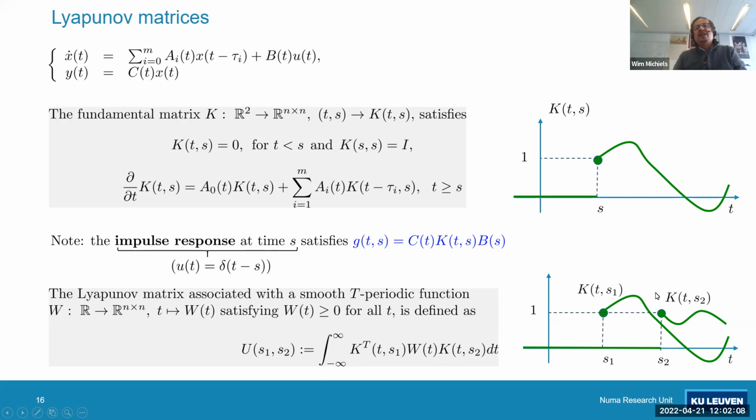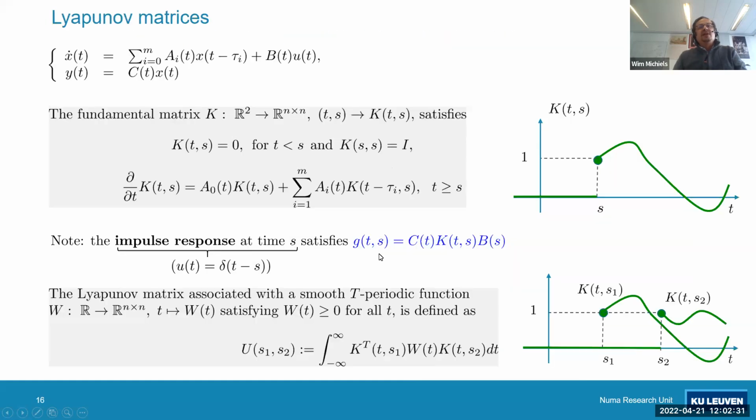So basically, in the scalar case, you take two shifted copies, shifted by S1 and S2, and then you compute the integral. It looks a bit like a convolution, but it's not a convolution because you don't have any reversal of time in one of the two terms here.